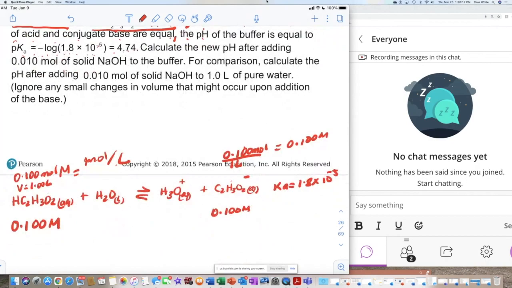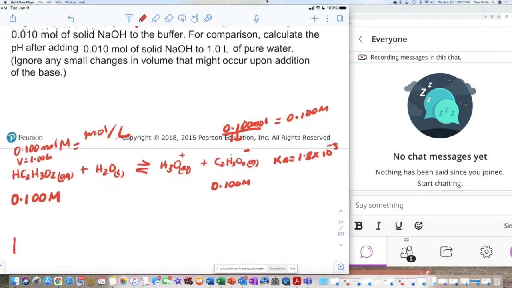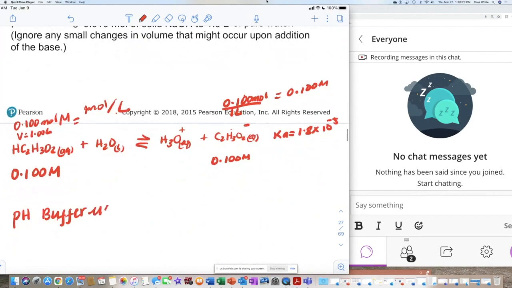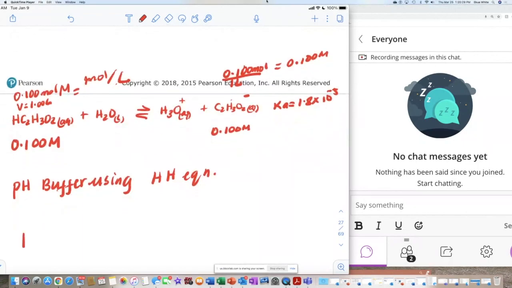Ooh, I feel like they're rushing for me, so I am going to do this my way. Let me figure out the pH of the buffer. And I told you guys I will use Henderson-Hasselbalch. So pH equals pKa, no shorthands, no shortcuts, plus log of base over acid, right?